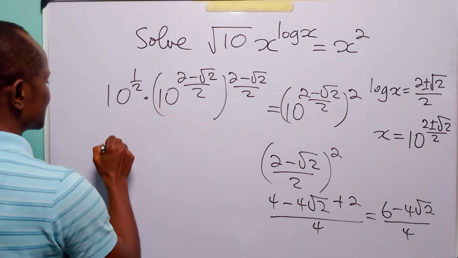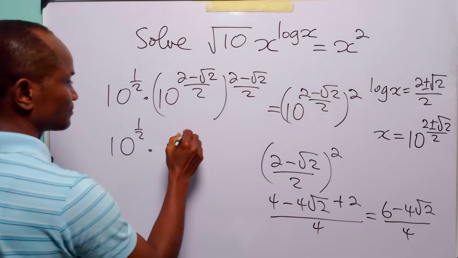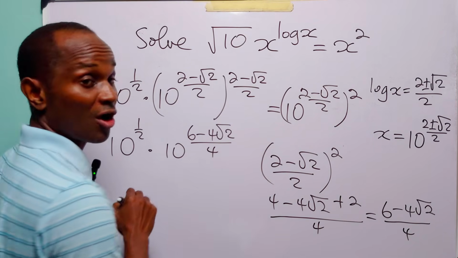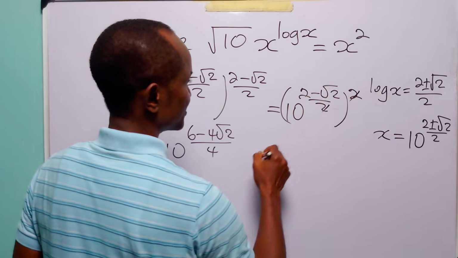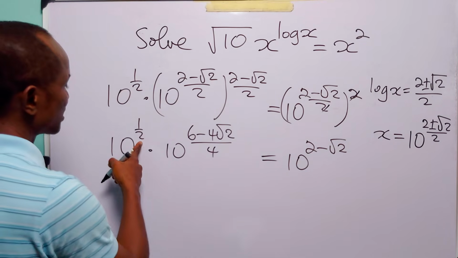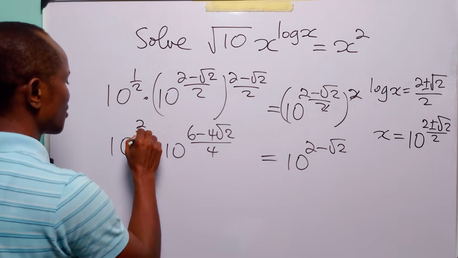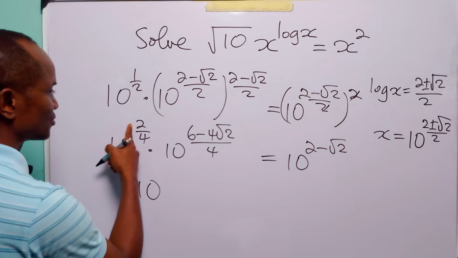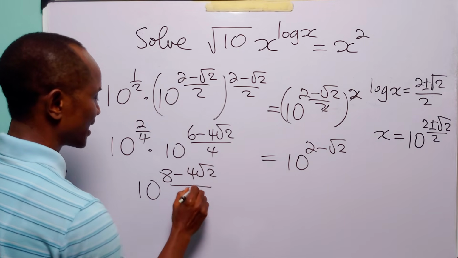So on the left-hand side, we have 10 to the power half multiplied by 10 to the power 6 minus 4 root 2 divided by 4. And on the right-hand side, of course, this cancels that, leaving us with 10 to the power 2 minus root 2. Once more, instead of half, let us write this as 2 over 4. Now, when we add these two powers, we have 10 to the power 2 plus 6 is 8 minus 4 root 2 divided by 4.